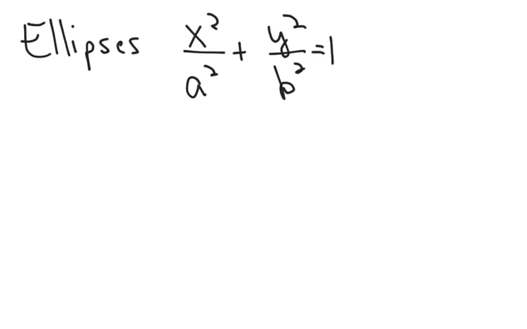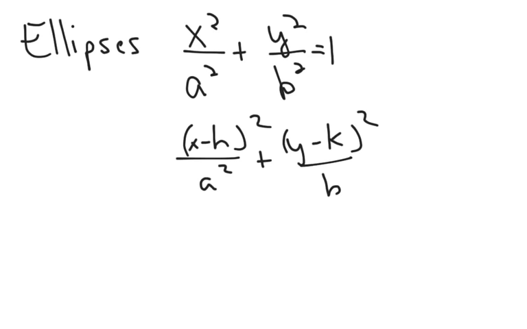So if it's centered somewhere else, the center moves to h, k. Nothing about how all the formulas with these conics work changes. They all work the same, and I'm still going to give them to you on the test. You just have to know how to use them.